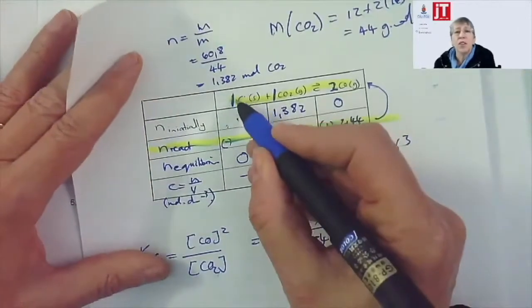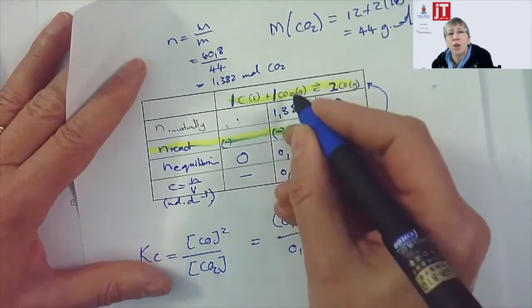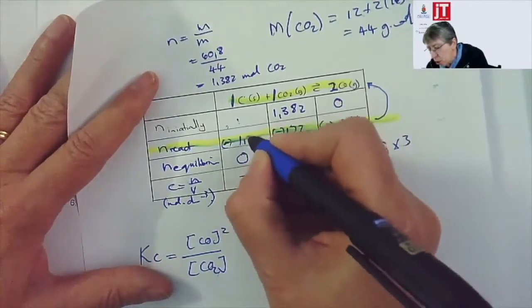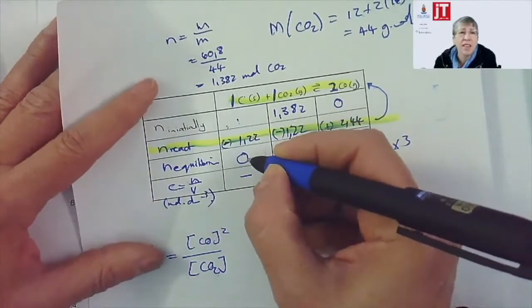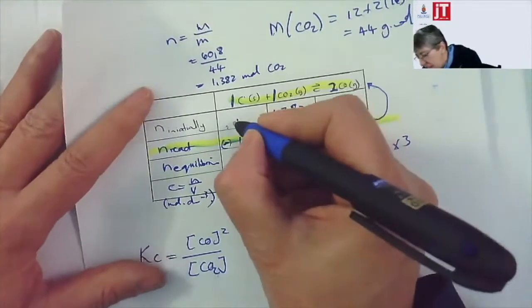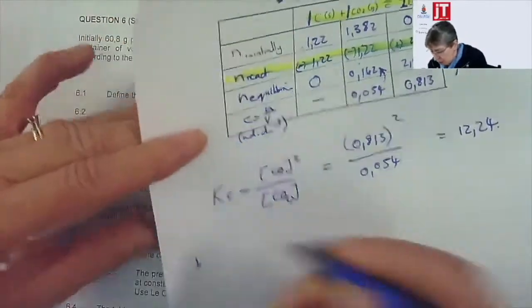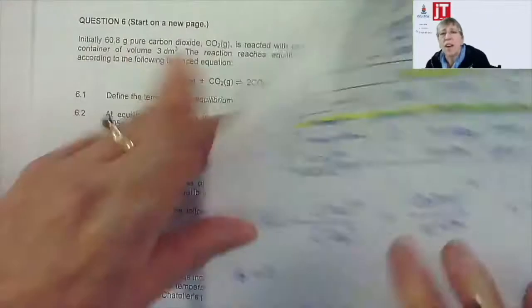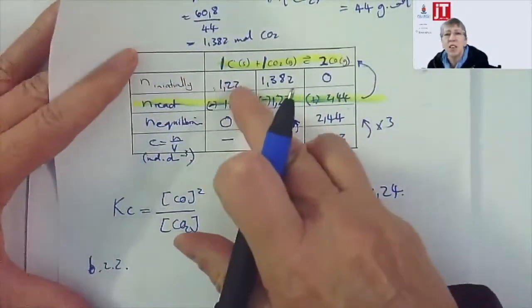Now, what do I know? They're in the ratio 1 to 1. So if 1,22 of the CO2 is used, it also means I have used 1,22. And if nothing needs to be left over, then it means I started off with 1,22 moles. Right. So for 6.2.2, when they're asking what is the minimum mass, now the moles that I need is 1,22.